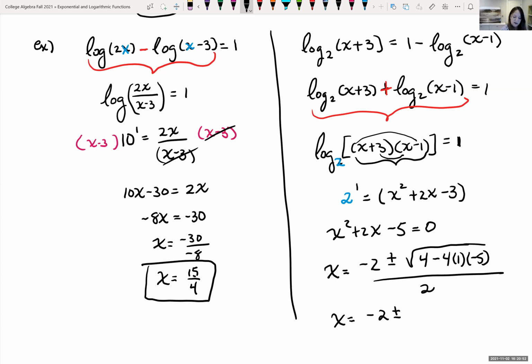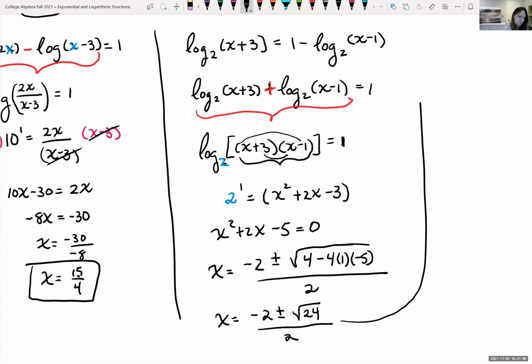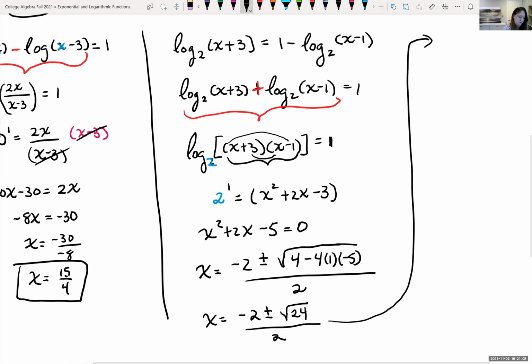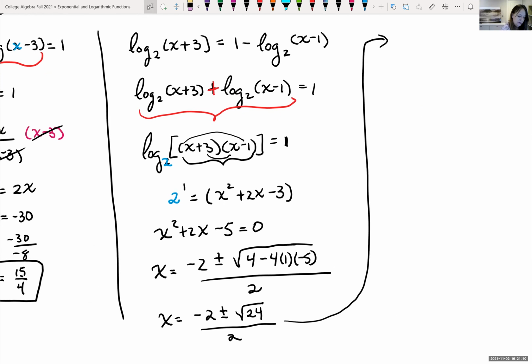So square root of 4, this is really plus 20, so this is the square root of 4 plus 20, which is 24, all over 2. So we can pull out, square root of 24 is 4 times 6.